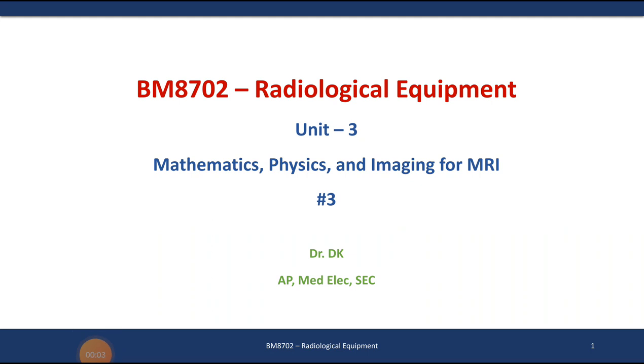Hello everyone. So this is the third and the most important lecture of your topic, that is mathematics, physics and imaging for MRI. In the previous two lectures we have seen about the mathematics part and the physics part. So this is about the imaging part, which is our major concern.